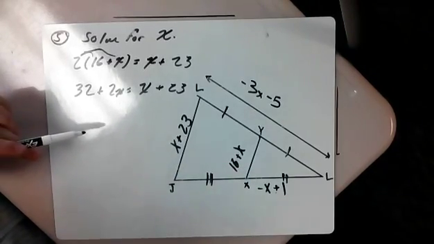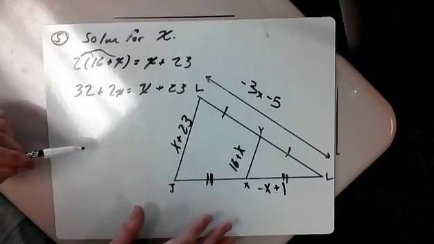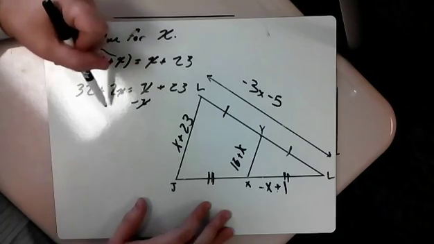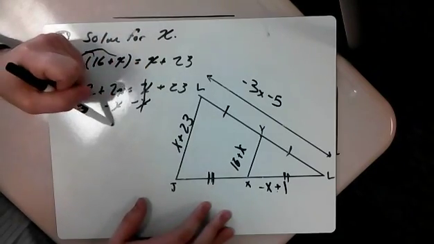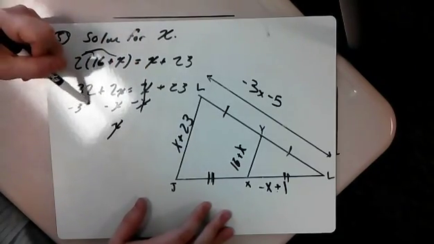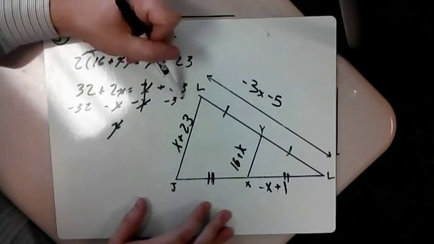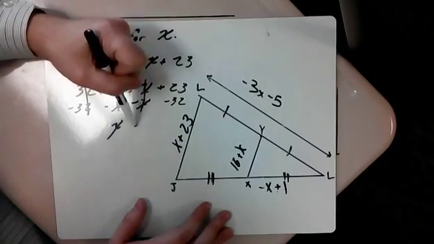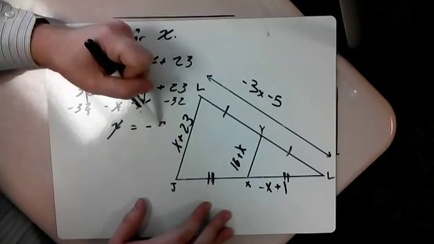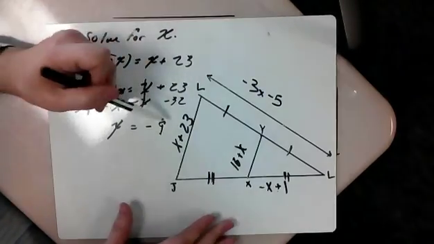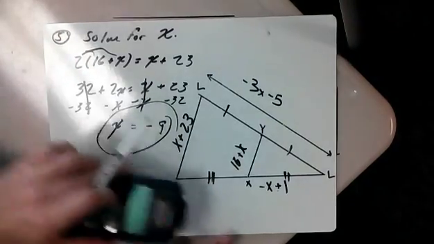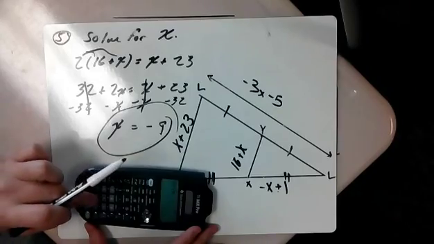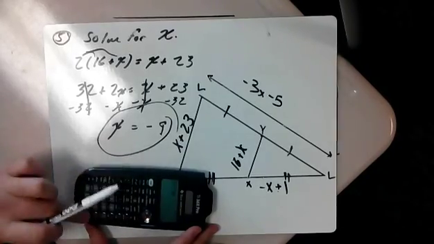I could have 0 for x here, actually, but it just didn't seem right to me, so I double checked. Now, I'm going to subtract x here, get x. I'm going to subtract 32, and that will cross out, and I'm going to get negative 9. Right, and that's it. Let me just double check that with my calculator. 32, negative 9.